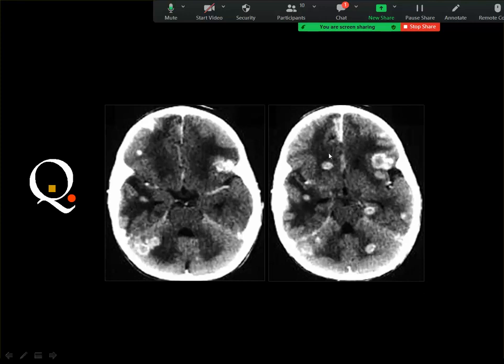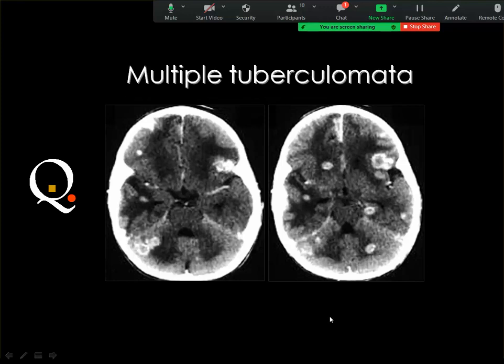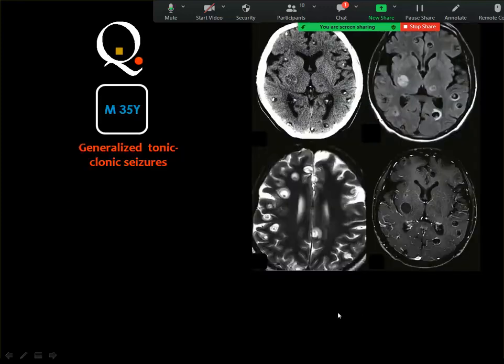They are surrounded by perifocal brain edema because they are active tuberculomas. This is the classic appearance of tuberculomas in the brain, and you should be careful about the diagnosis of metastasis, especially in the absence of a known primary.